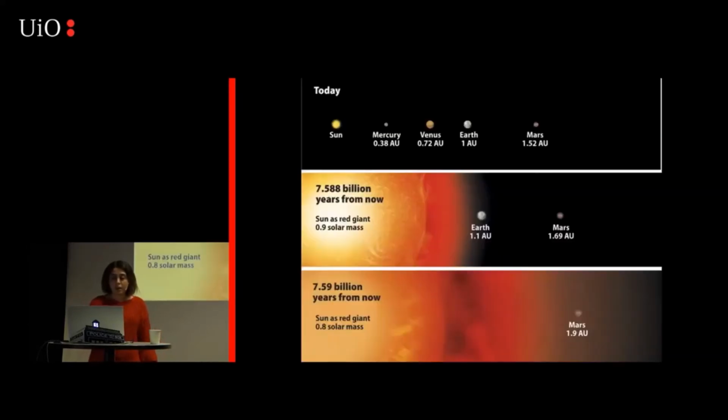When our Sun goes to the red giant phase, its outer radius is going to expand to approximately 1 AU, which is the average distance between the Sun and Earth now. So there will be no Earth anymore when our Sun becomes a red giant star.